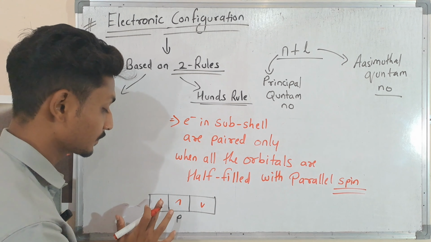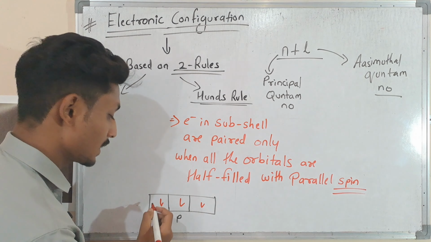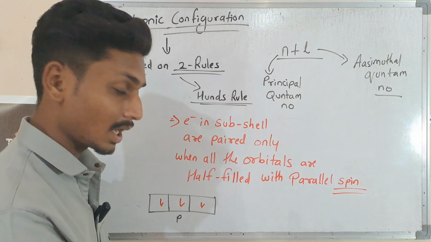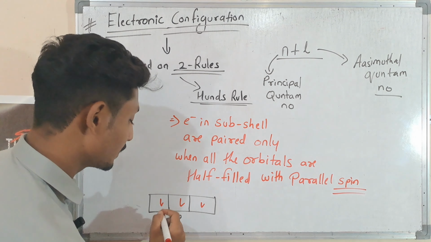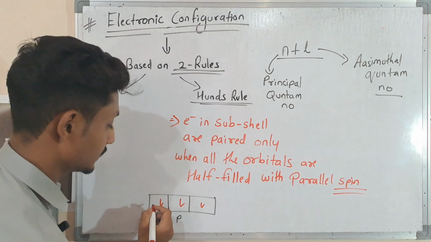This is the wrong method. When the orbitals are half filled with parallel spin, they get paired.